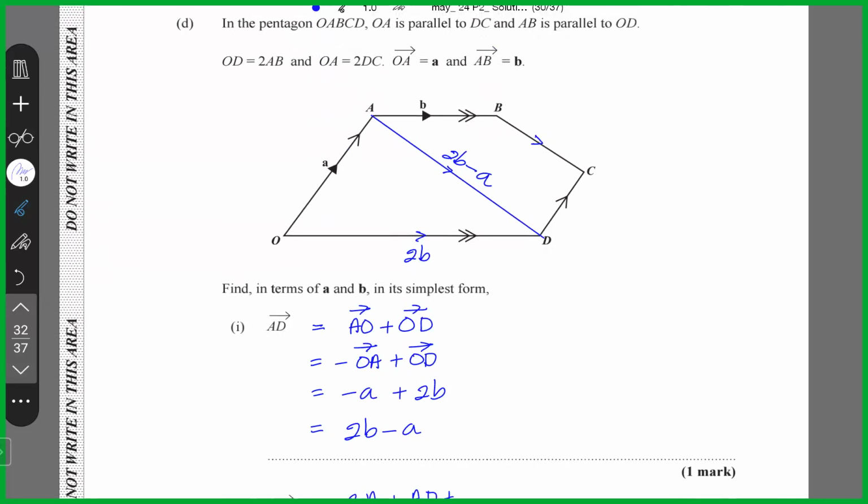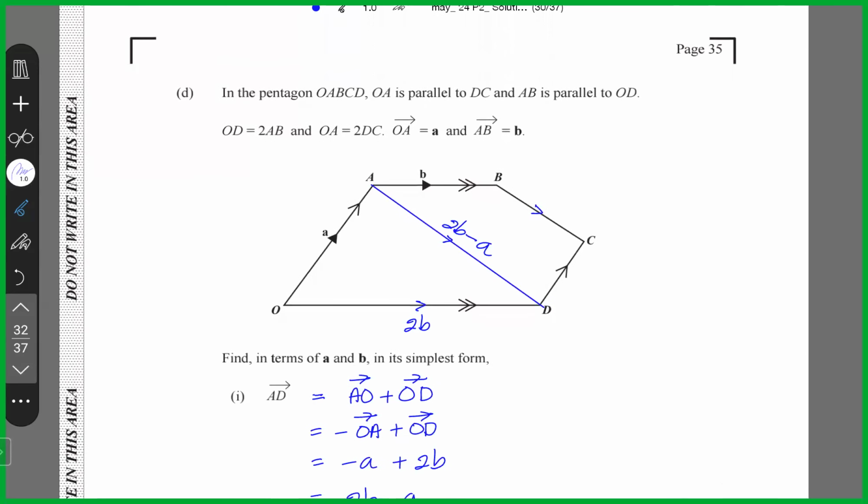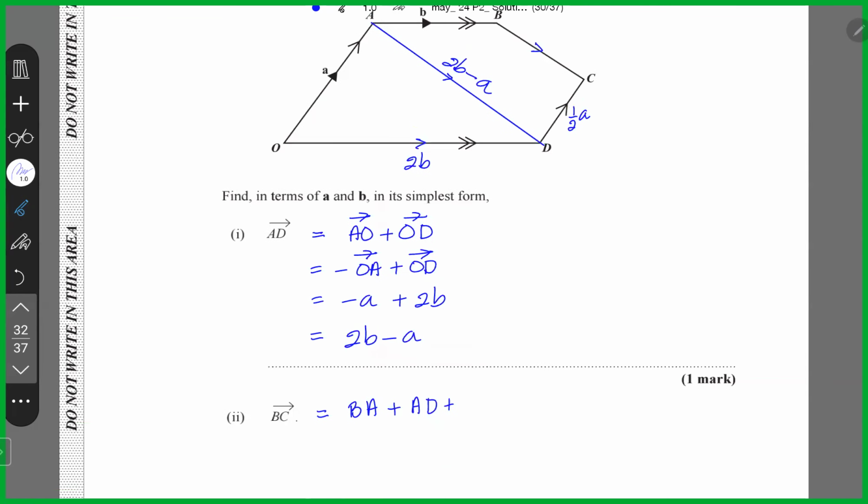Do I know DC? I don't know DC. All I know is that it's parallel to A. Oh yeah, OA is 2 times DC. So this is a half A. So if OA is A, DC is what? A half of A, because OA is 2 times DC. Plus DC.